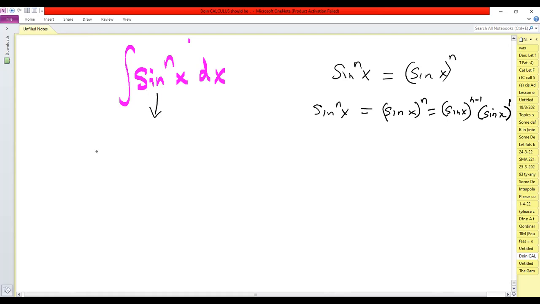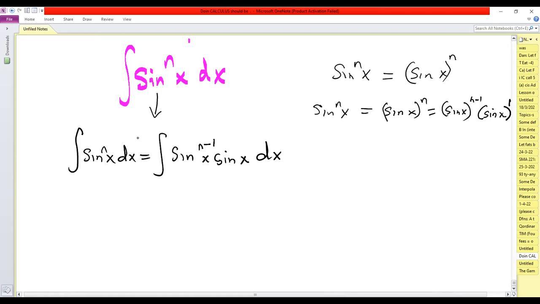So this integral will be the integral of sine power n x dx equals the integral of sine power n minus 1 x times sine of x dx. There's no miracle you have performed with the same integrand, because when you multiply sine power n minus 1 x times sine of x, you still get sine power n x.